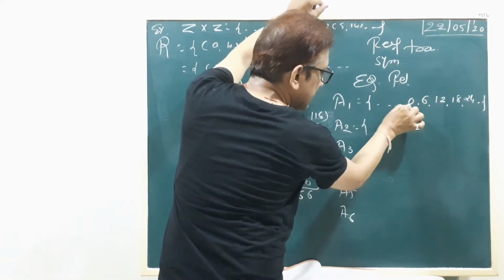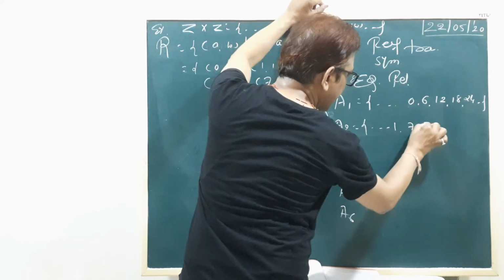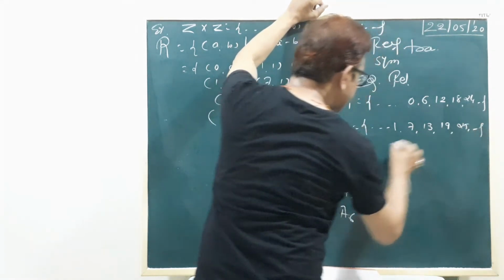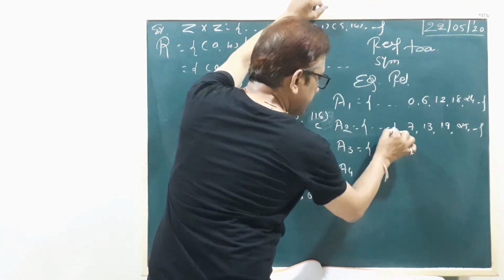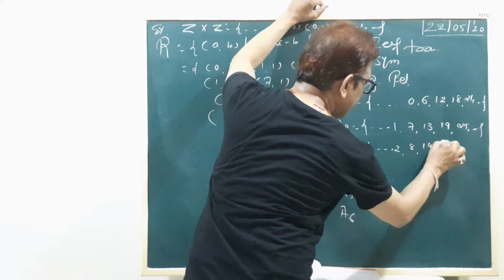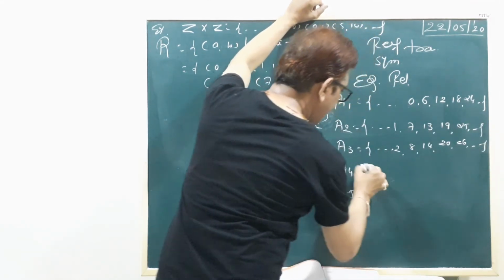Now next number, from 0 to 1: 1, 7, 13, 19, 25, and so on. Next number 2: 2, 8, 14, 20, 26, and so on.